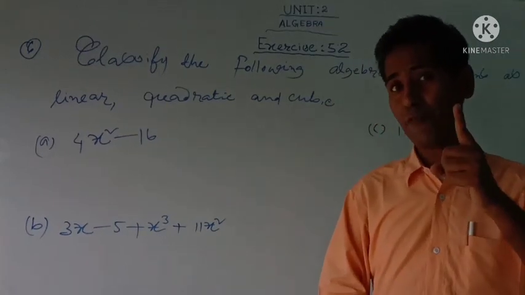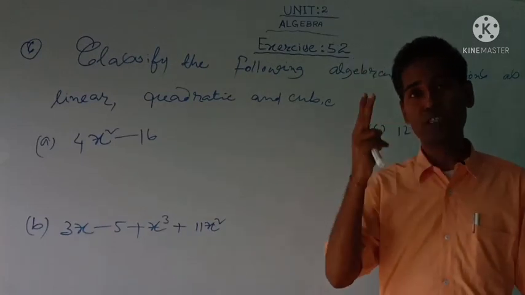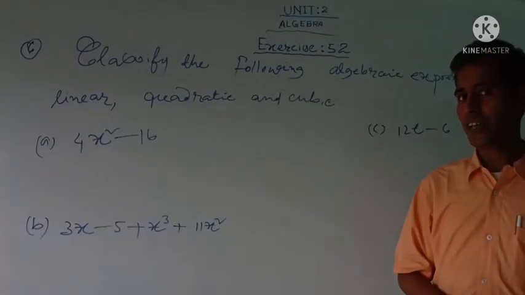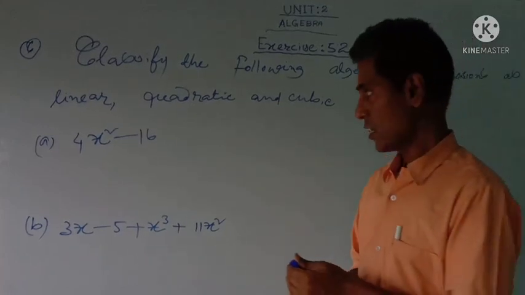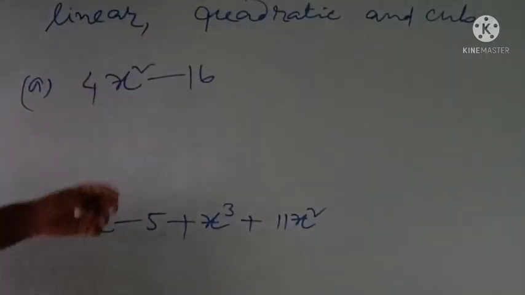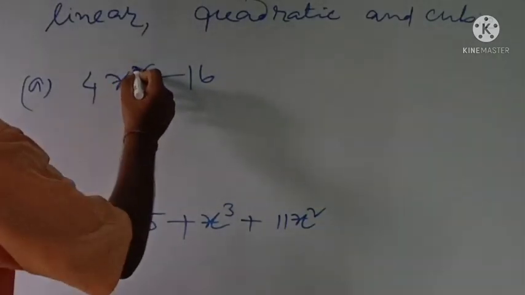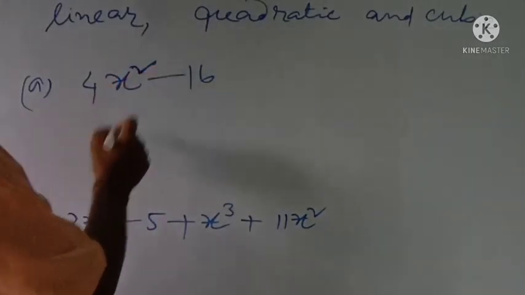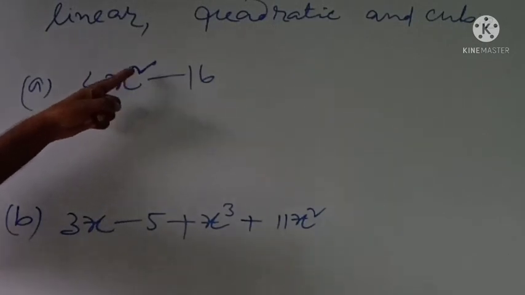If the degree of an expression is 1, then it is called linear. If the degree is 2, it is called quadratic. And if the degree is 3, then it is called cubic. Now see our question here, sub question A, 4x squared minus 16. We have only one variable here, and that is x. So the power of x is 2.